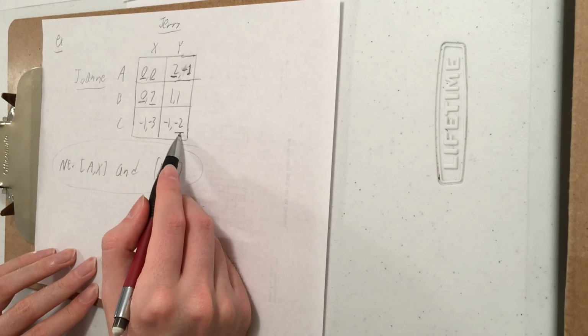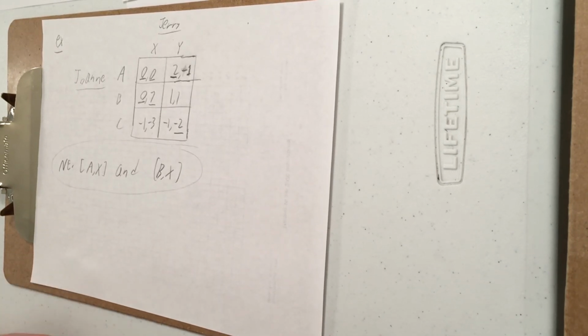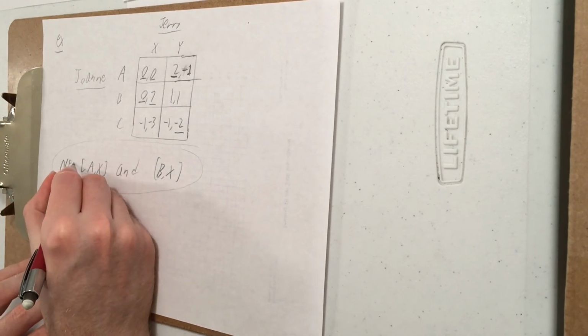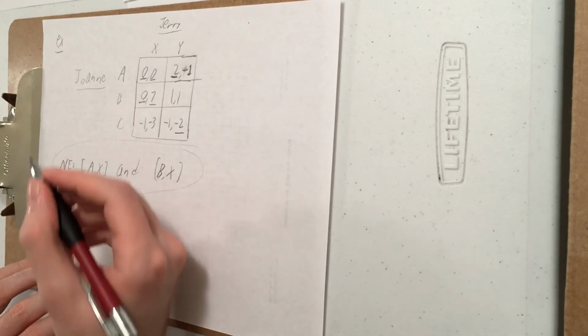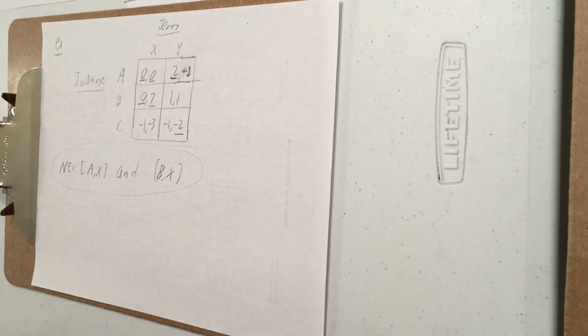Similarly, CY is also not a Nash equilibrium since it also has just 1 underline. So that wraps up that example and our section on best response analysis. In our next section, we'll learn about another tool which is called Minimax.